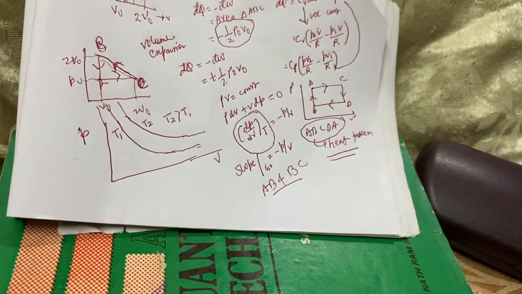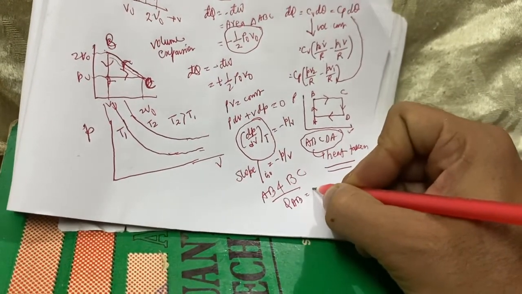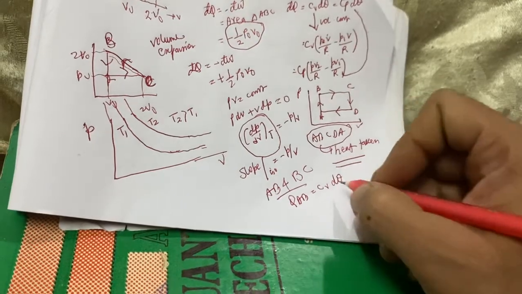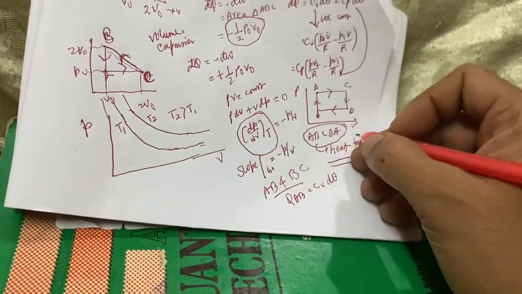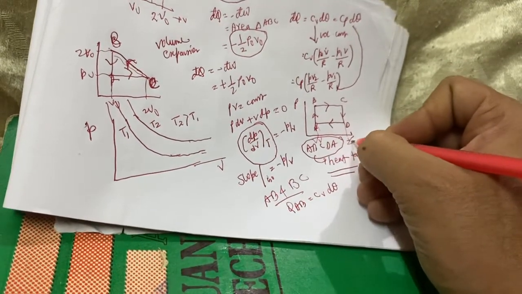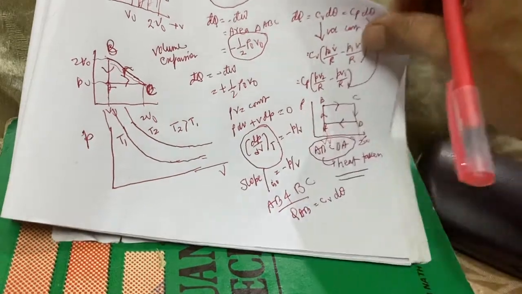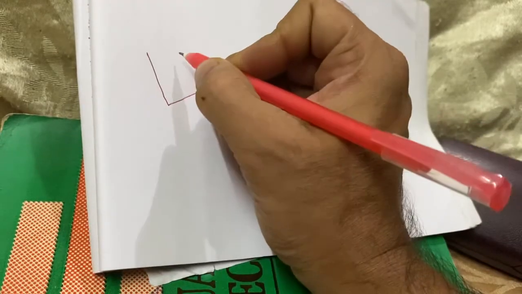So you have to calculate QAB. QAB means Cv d theta, and if it is V0, if it is twice V0, I am going to the next page. We draw the process like this.